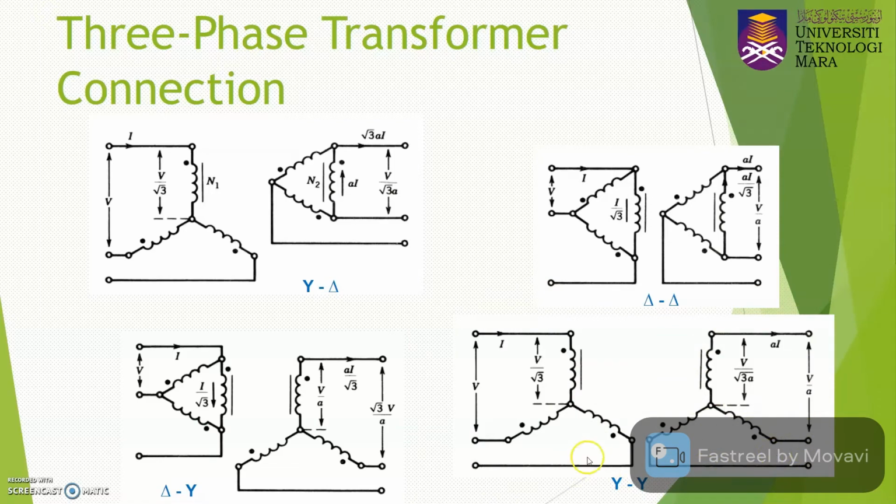Remember this connection is rarely used because of the problem with the exciting current and induced voltage. Usually this is the one that we always use to step down the voltage, and this is used to step up the voltage.